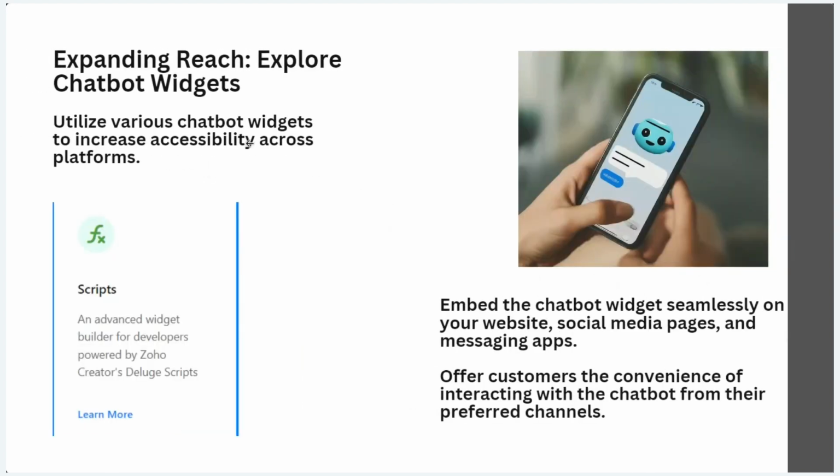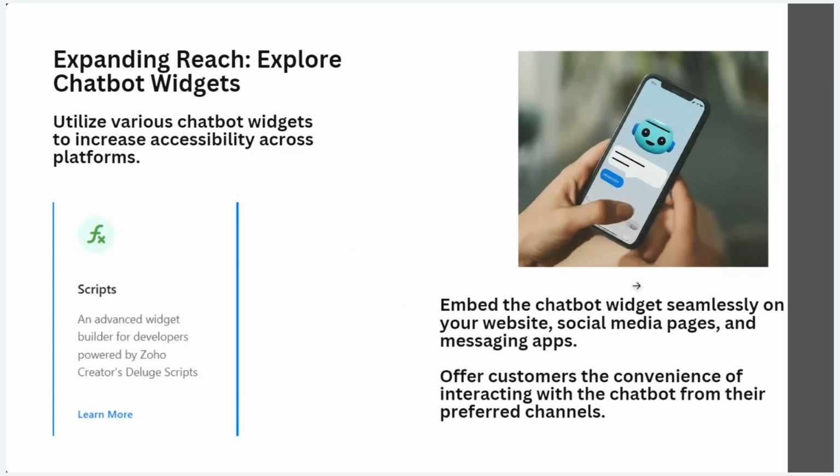The next one is explore chatbot widgets. Utilize chatbot widgets to access across platforms. Means we can use this chatbot in various platforms like WhatsApp, Facebook, and Telegram with the help of these widgets. Embed the chatbot widgets.